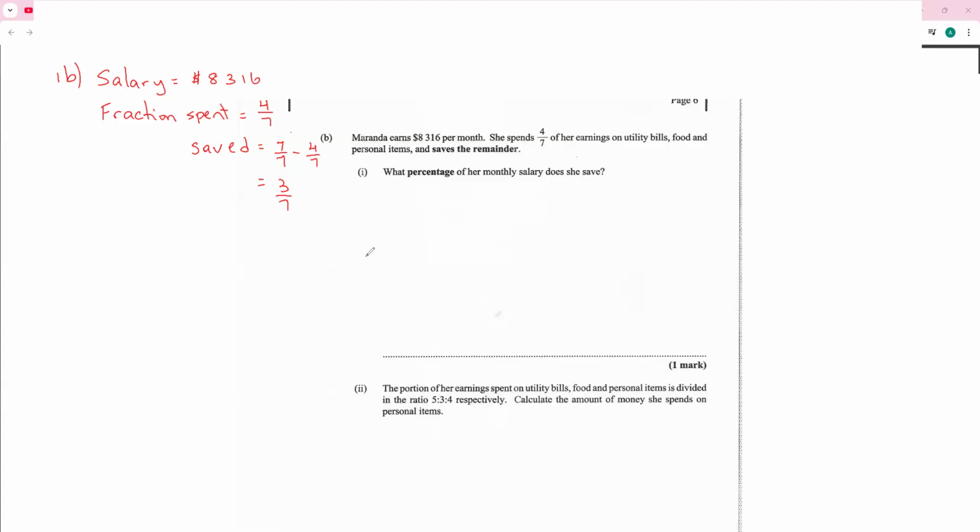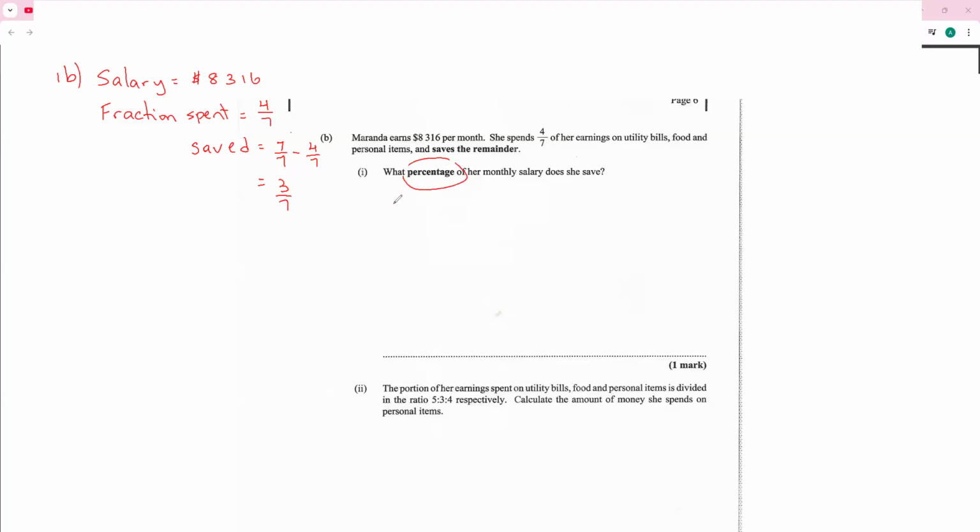Now, they asked, what percentage of her monthly salary does she save? Right? So they just asked what percentage of the monthly salary. And they bolded percentage.